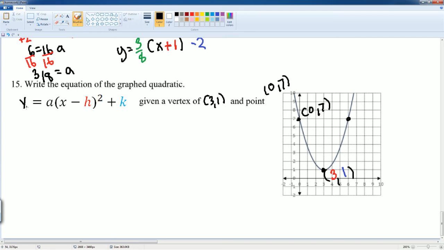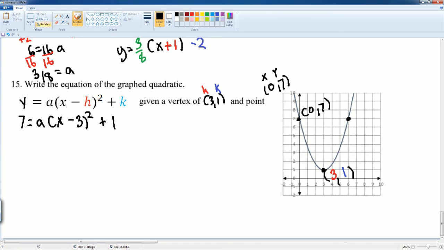Okay, life made easy. All right, so the y is 7, and a we don't know. We're trying to figure that out. X, we already know what x is. Let me label it if some of you don't see it. This is h, and this is your k. So x minus h is 3, squared, plus k is 1.